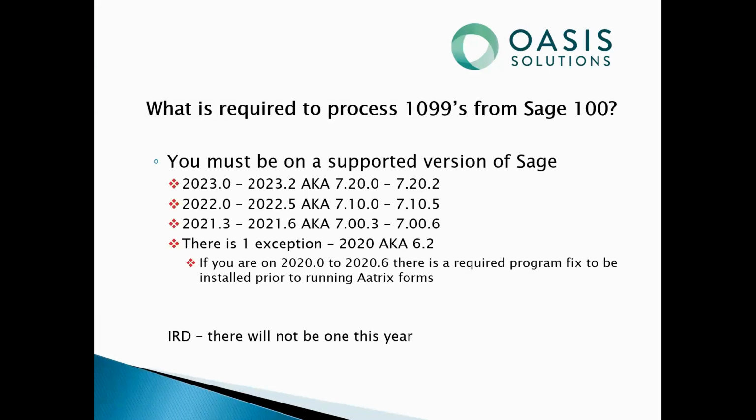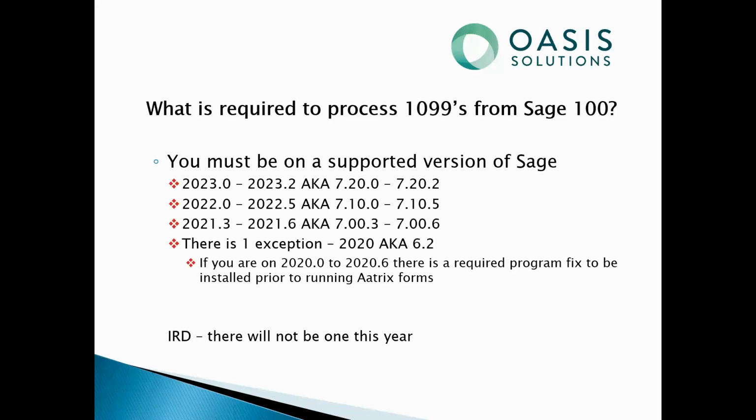The supported versions are the most recent, which is version 2023, which is also known as 7.2, version 2022, which is also known as 7.1, and 2021 product update 3, which is also known as 7.00.3.